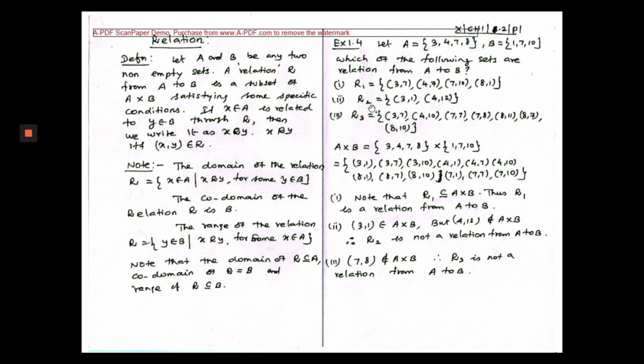Okay, now check R1 is a subset of A cross B. Subset means every element of R1 is an element of A cross B, then we can say that R1 is a subset.